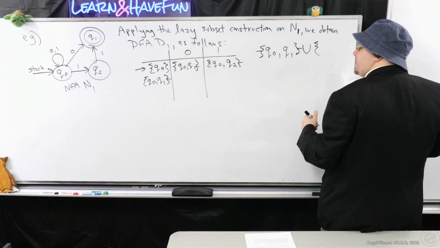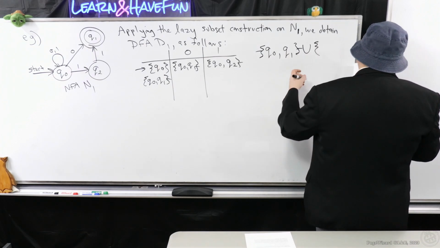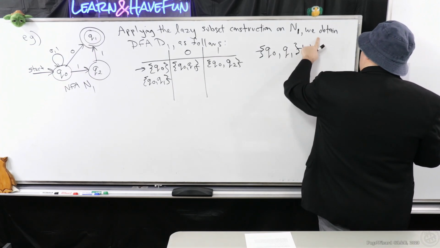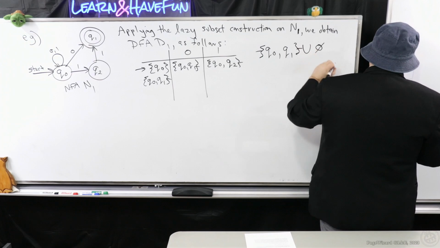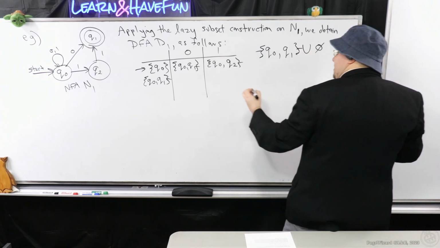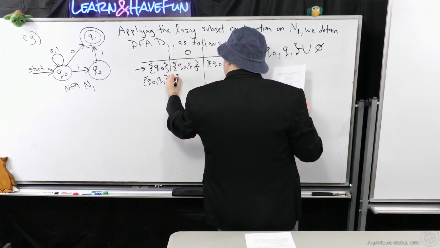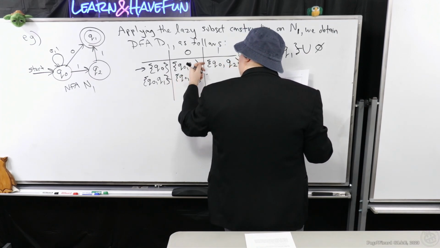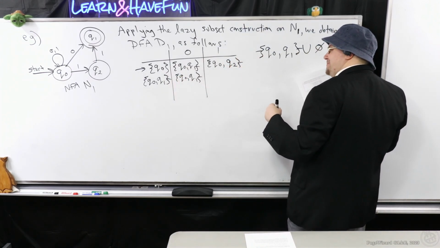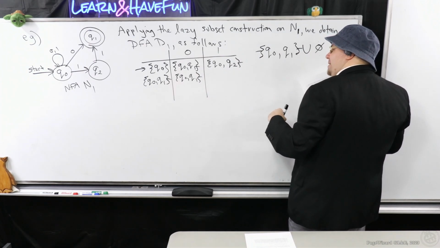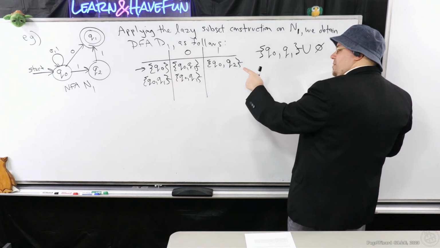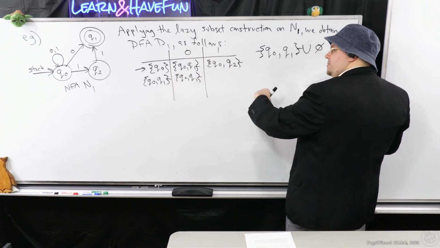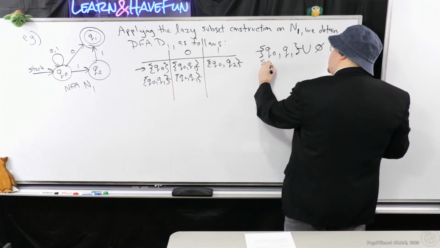So in Q1, when I read a 0, there are no transitions out of Q1, so it's the empty set. So the resulting entry here is Q0, Q1, just like the one just above it. Now on a 1, Q0 goes to Q0, Q2.